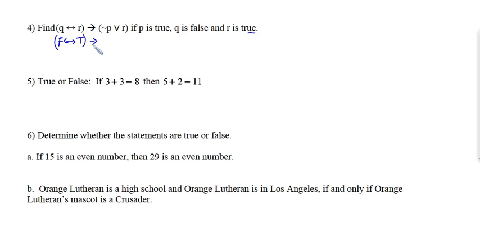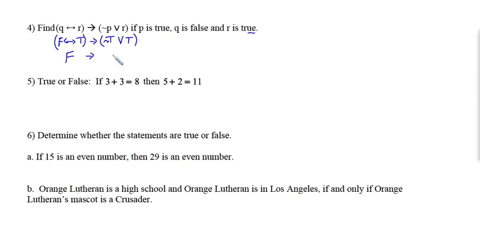Okay, then we have our conditional, not P, and P is true, so not true, or R is true, right here. So again, substitute in, then go ahead and answer this out. So false if and only if true, they don't match, so this is a false statement.